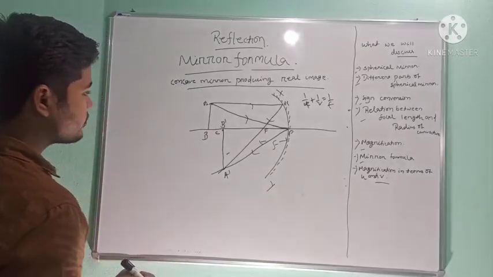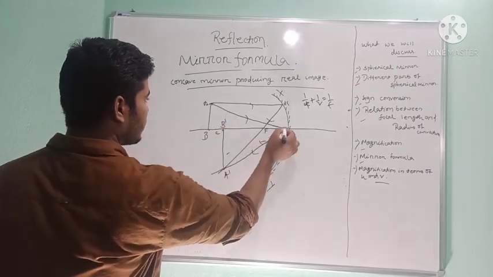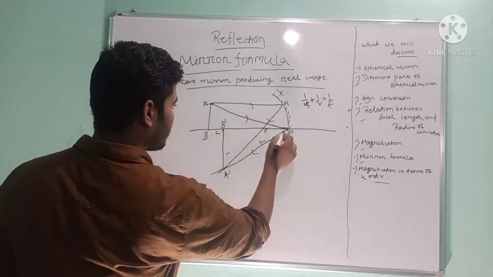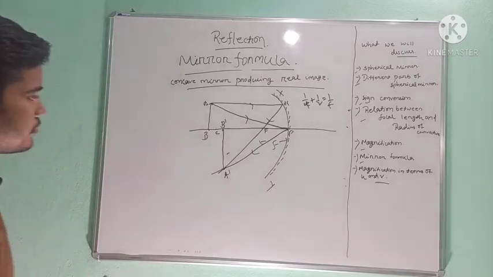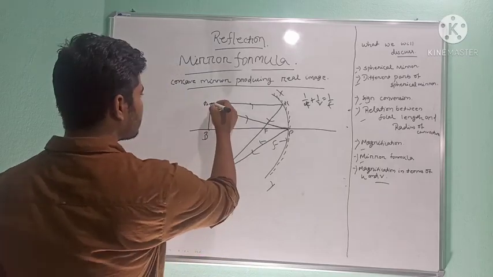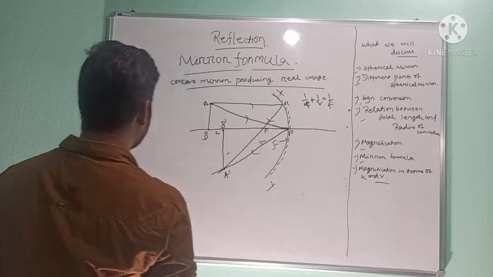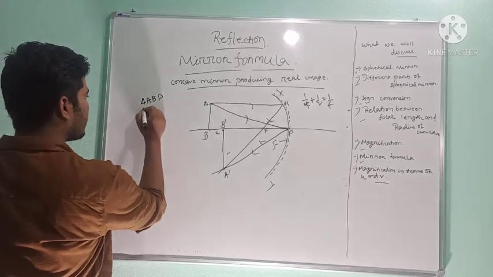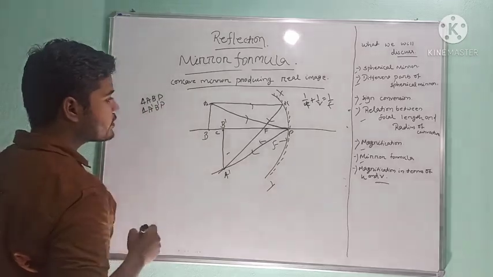We have already discussed what is a real image and what is a virtual image. The triangles ABP and A dash B dash P are similar.